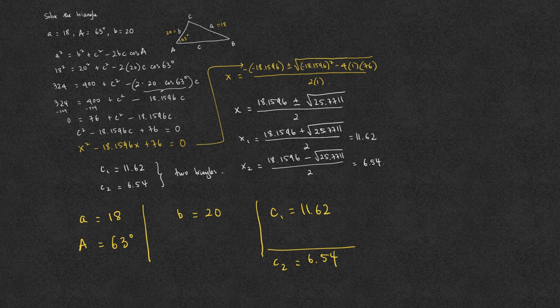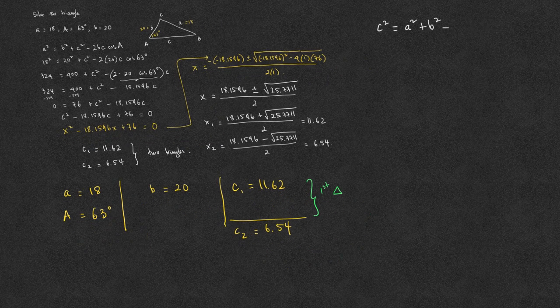For the first triangle, to find the angle that is opposite to the length c, we use the law of cosines, which states that little c squared equals a squared plus b squared minus 2 times ab times cosine of C, where uppercase C is unknown.